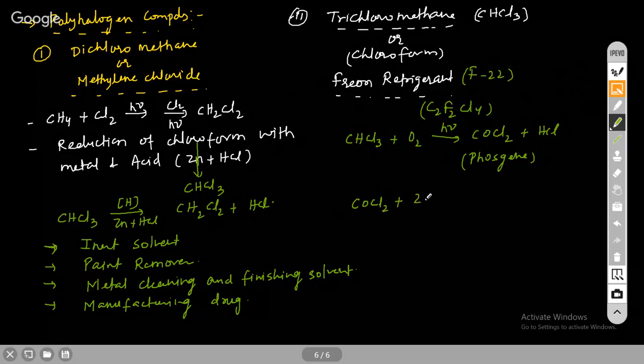So phosgene plus 2C2H5OH gives 2 moles of HCl, and C double bond O joined with C2H5O and OC2H5. You see this H and this Cl go out as HCl. This phosgene gas is toxic in nature, but when it reacts with ethanol, it forms harmless diethyl carbonate.